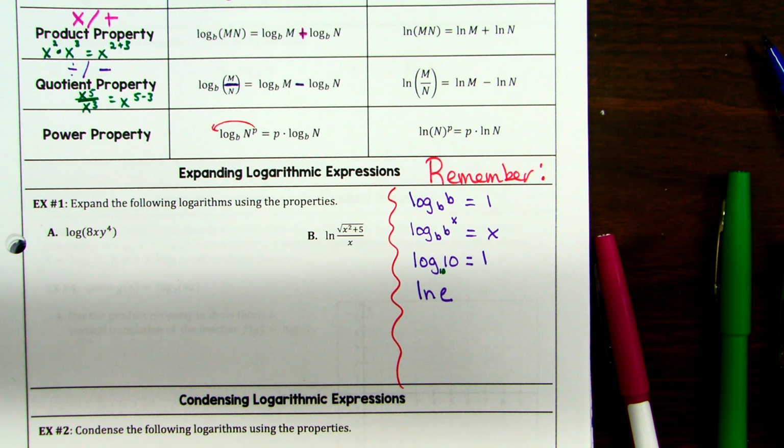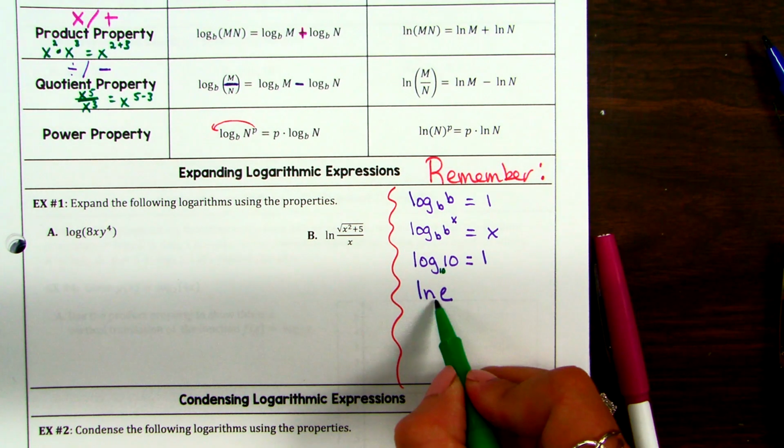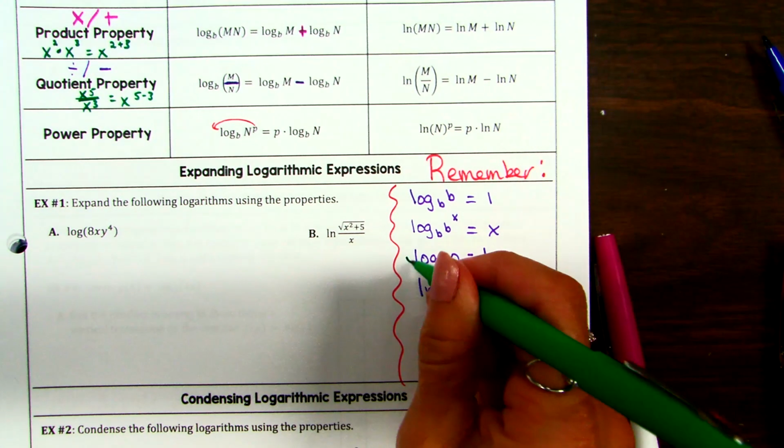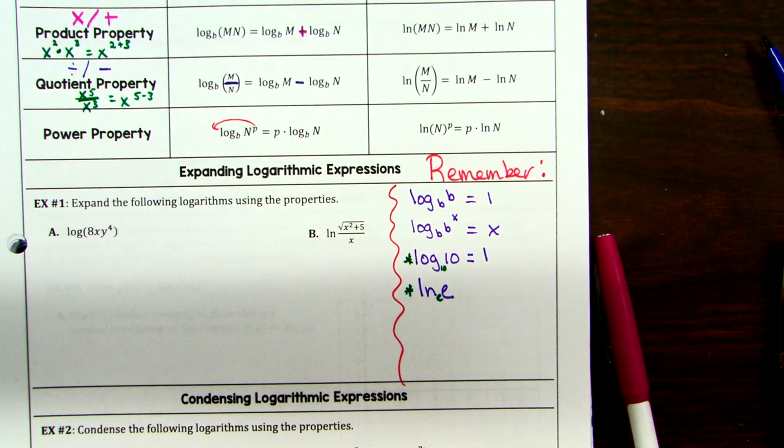What is the base of a natural log? e. Okay, let's review this. These two are super important. And maybe I'm not doing my job because last period was not remembering this either. I feel like I've talked about it a lot, but it seems like it's not getting in. So let's make sure we understand this.